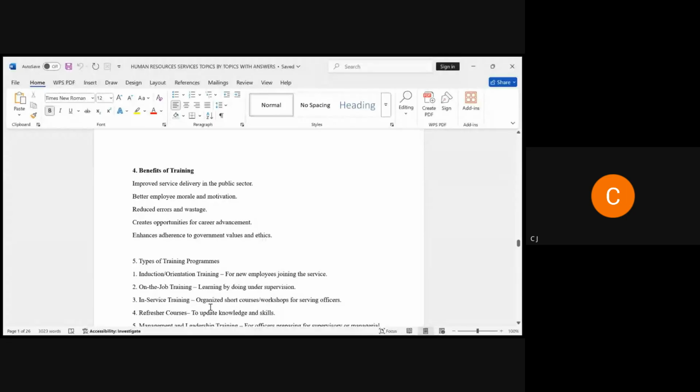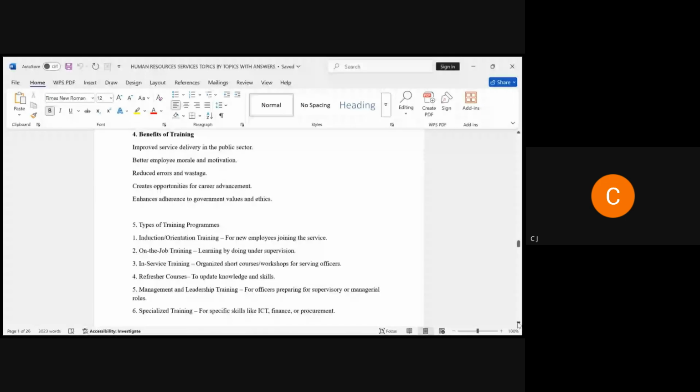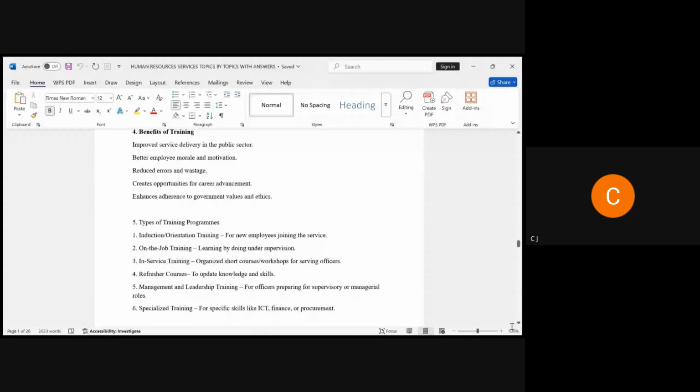This one I've never benefited from. Refresher courses to update knowledge and skills. I've never gotten a chance to attend refresher courses. Management and leadership training for officers preparing for supervisory and managerial roles. Even number 5, I've never benefited from this. Specialized training for specific skills like ICT, finance, or procurement.